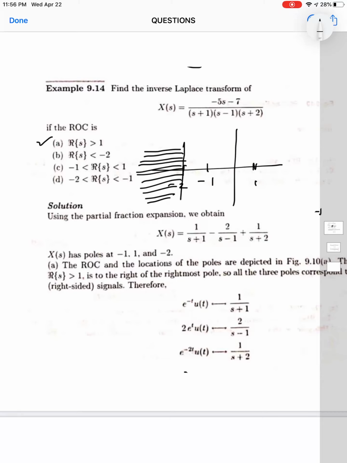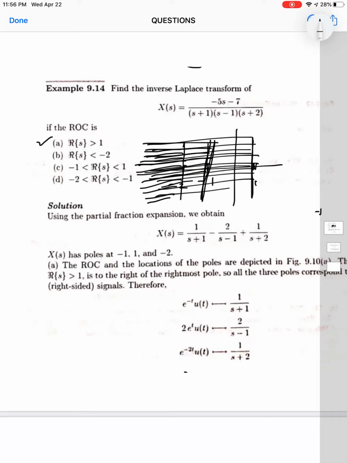It means you have to consider each pole as a left sided sequence, then only you will get the overlapped area with respect to each term. So in this case you are considering each term as a left sided sequence.